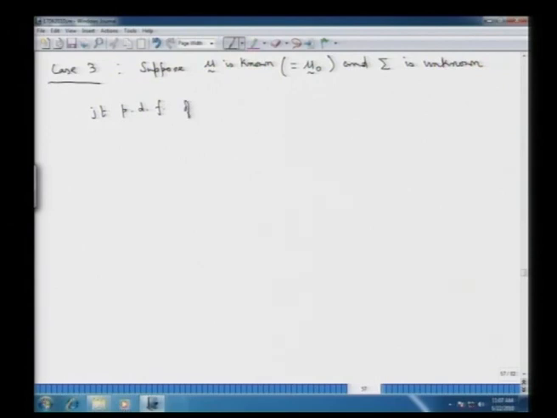The joint PDF of x1, x2, xn is (2 pi) to the power minus np by 2, determinant of sigma to the power minus n by 2, then e to the power minus half summation i equal to 1 to n (xi minus mu naught), because we have assumed that the mean vector mu is known to us, and that is equal to mu naught.